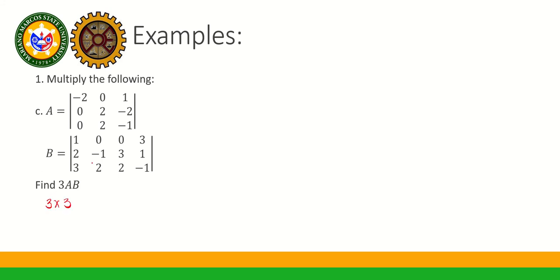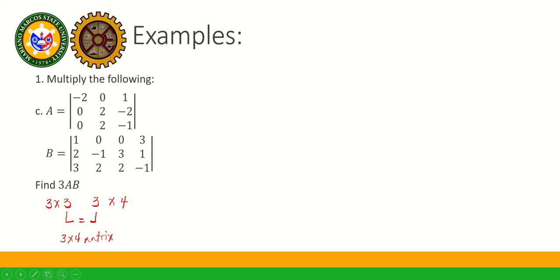And our matrix B is 3 by 4. So, since equal naman si N and R natin, we can proceed to multiplication and our matrix will be a 3 by 4 matrix. Yun yung magiging sagot natin. And then after that, imumultiply natin siya sa scalar number na 3. Okay?